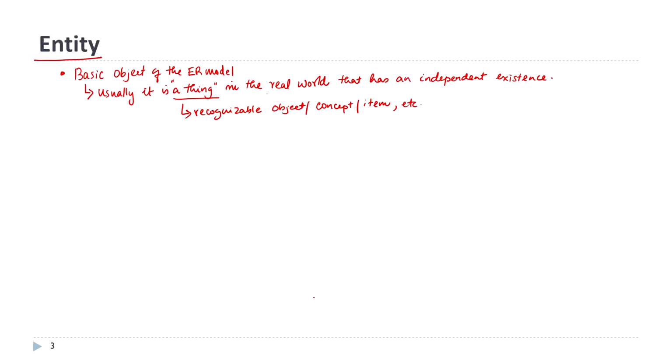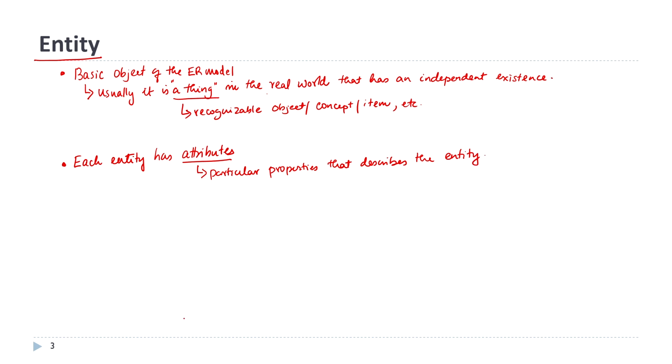Then the second one is each entity has attributes. Okay. That is the second aspect of it. Each entity has attributes. What are attributes? Okay. They are particular properties that describe the entity.